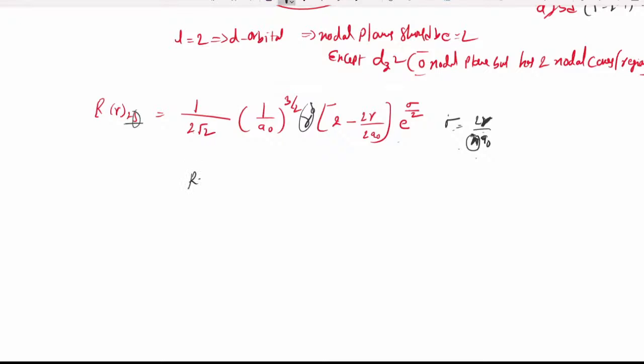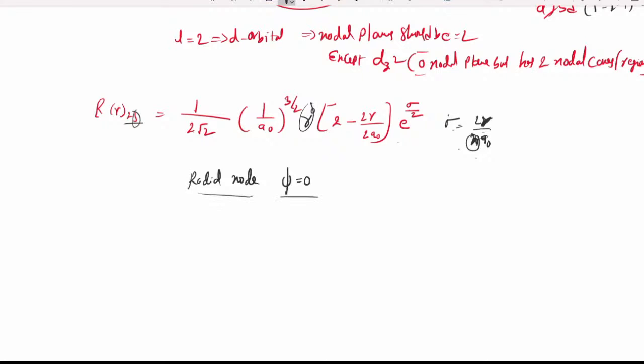Sir, what is meant by a radial node? Where the probability of electron density becomes 0. What is meant by a radial node? Where psi is equal to 0. Where psi is equal to 0, that is called a radial node.